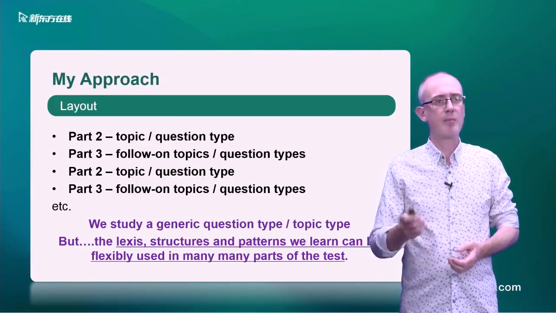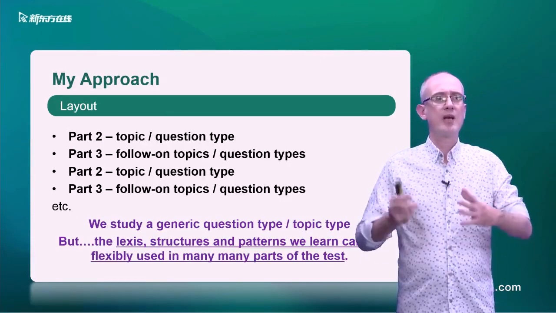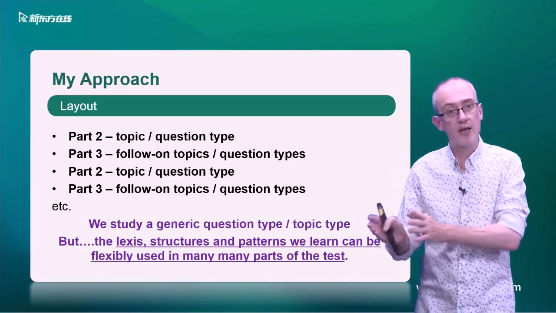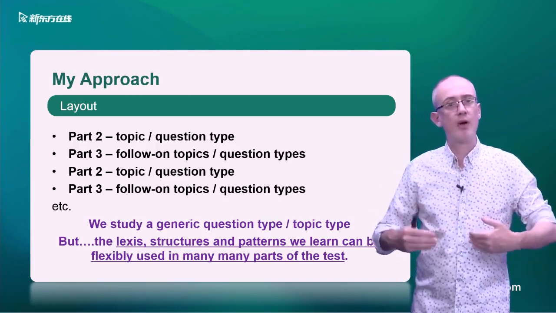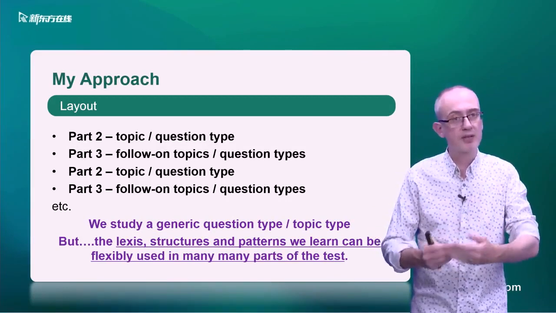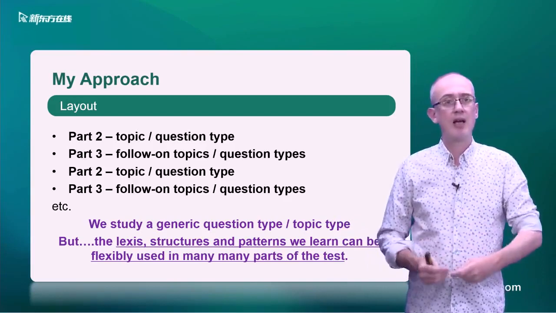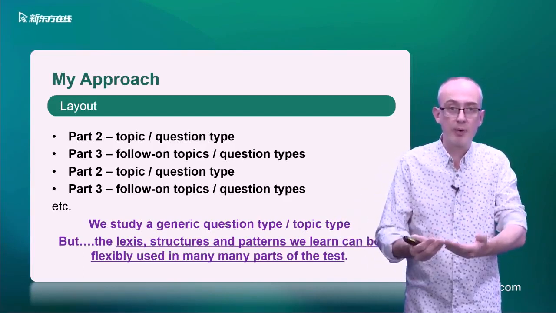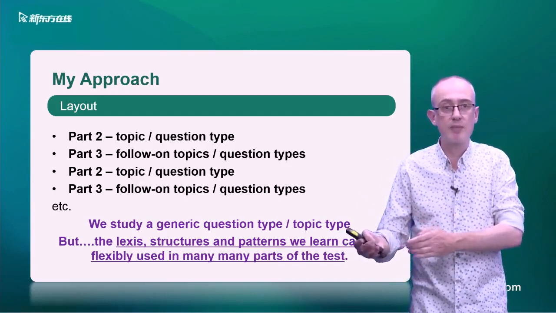Right, so my approach is we do a part 2 lesson based upon a topic and a question type, followed by a part 3 lesson with follow-on topics and question types, and then we do another part 2 lesson with another topic and related question types.